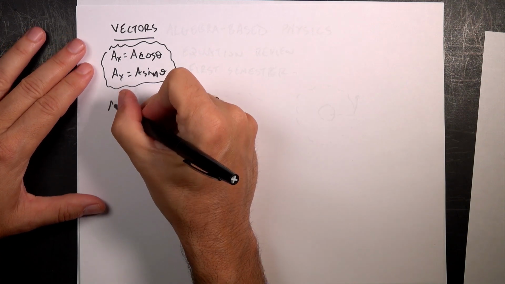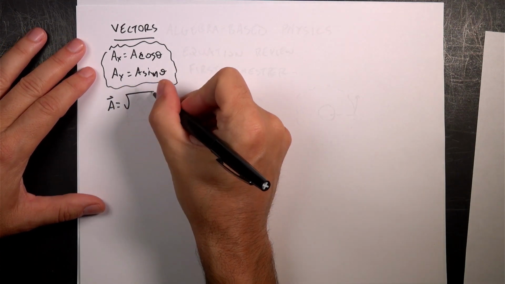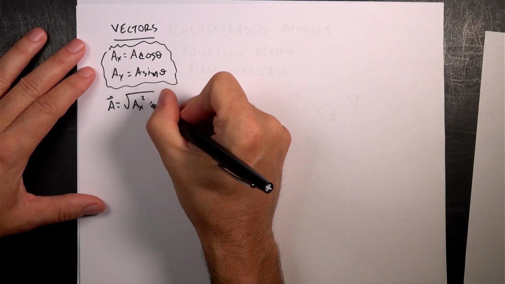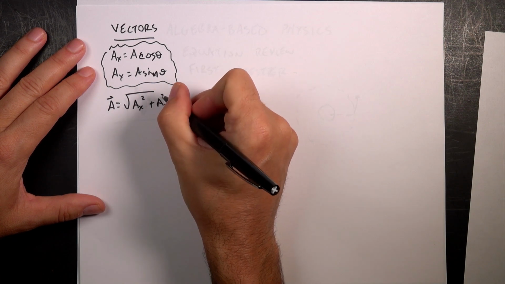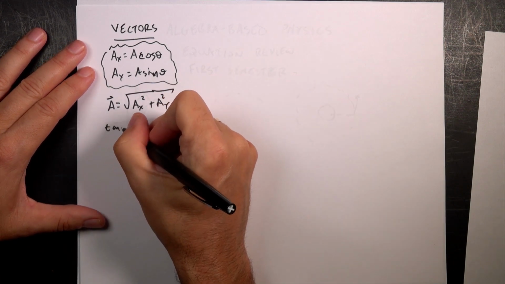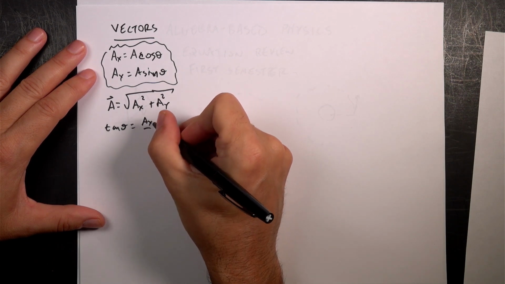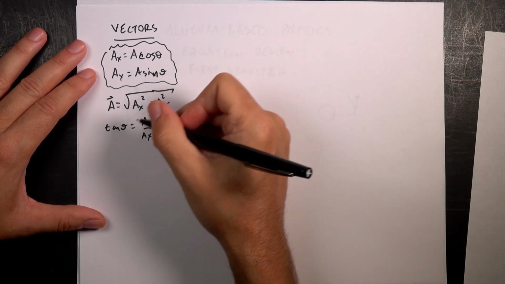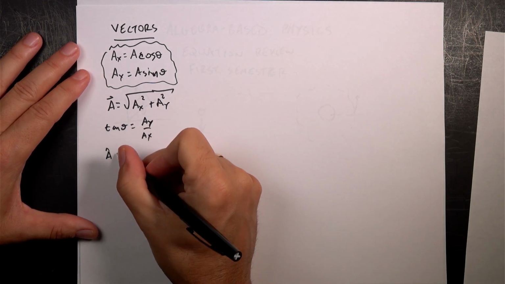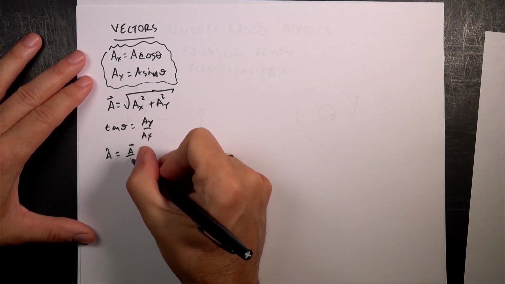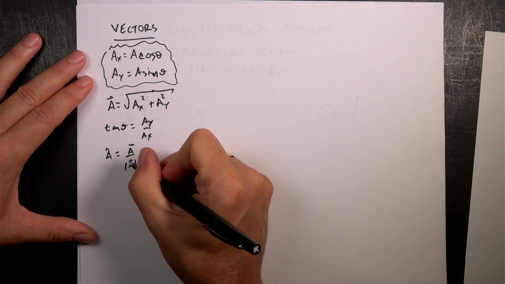But this is true: the magnitude of the vector A is the square root of Ax squared plus Ay squared. Tangent theta is Ay over Ax. And then finally, the unit vector A hat is the vector A divided by the magnitude of vector A.